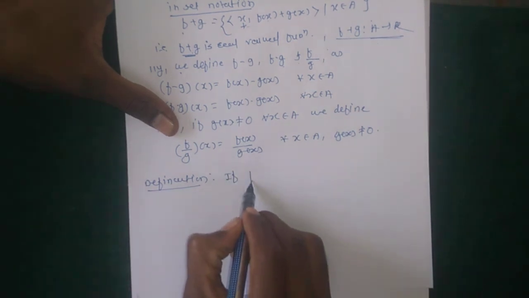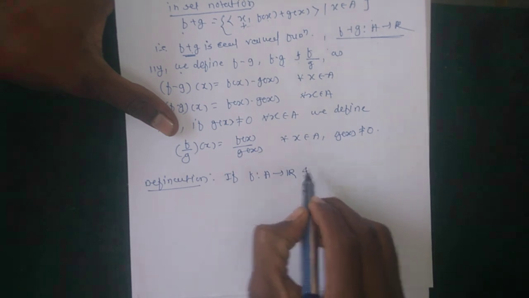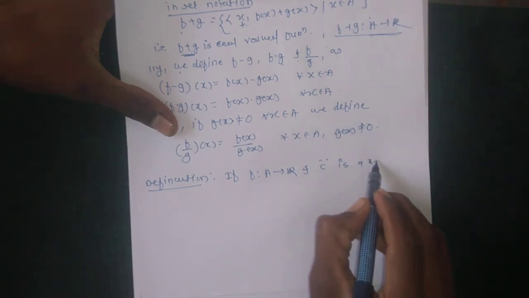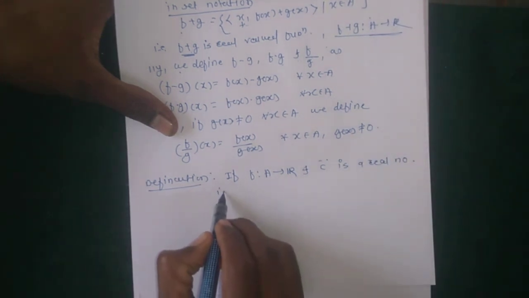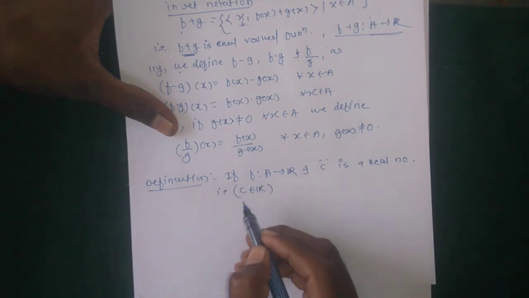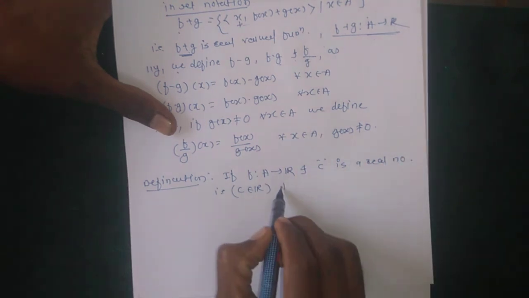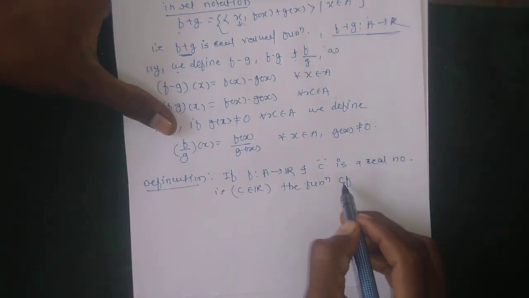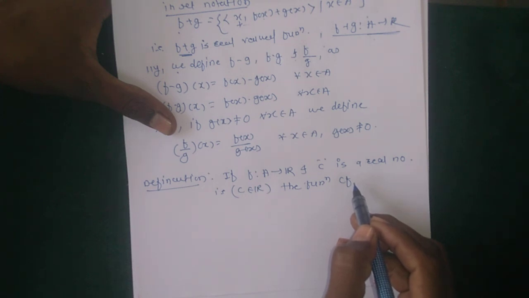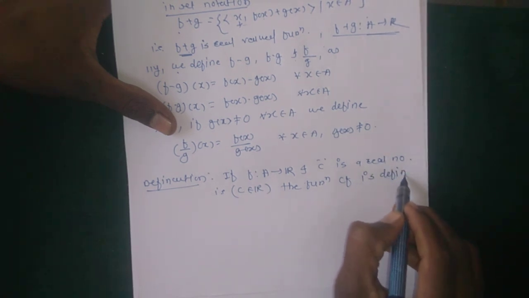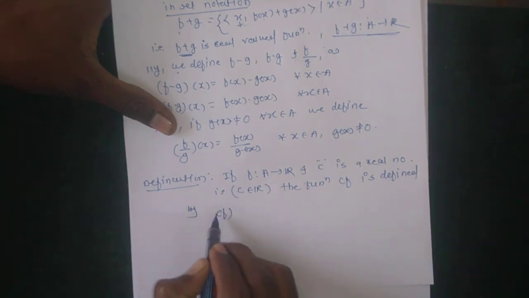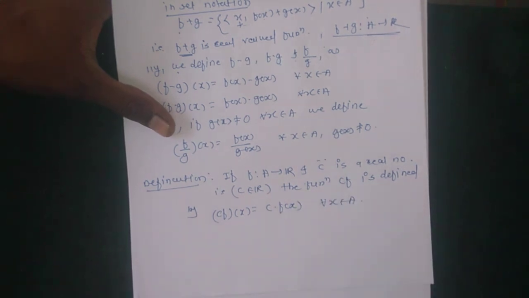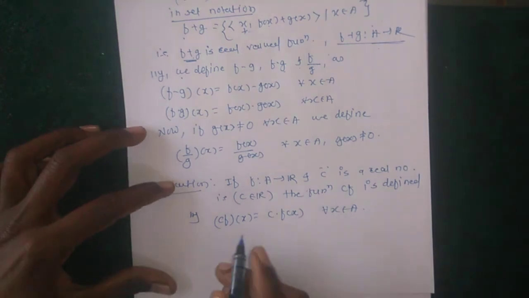If f is a function from A to R and c is any constant real number, that is c belongs to the set of real numbers, then the function c f, where c is any constant, is called a scalar valued function and is defined by (c f) of x is equal to c times f of x for all x belonging to A. This is the definition of the scalar valued function.